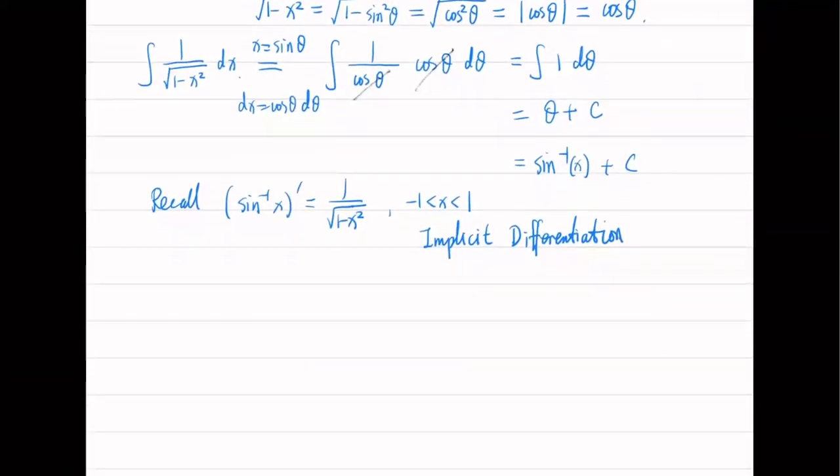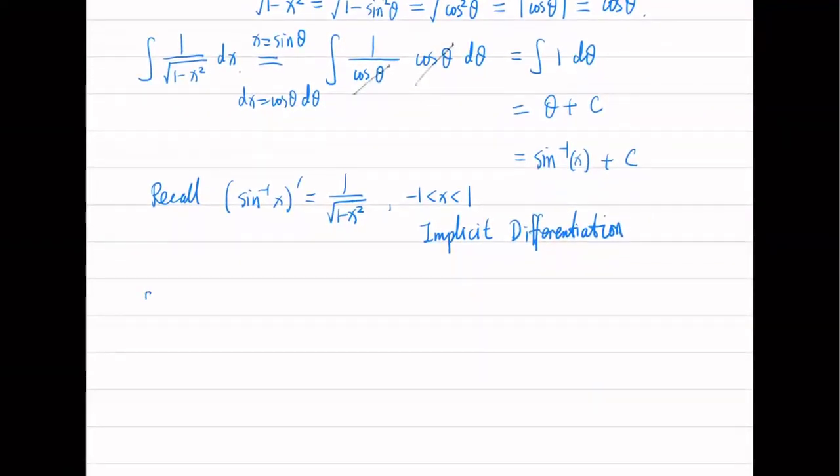Okay. Now a similar one. Let's find the integral. I'll give you a few minutes to try this one out. How do you integrate this?